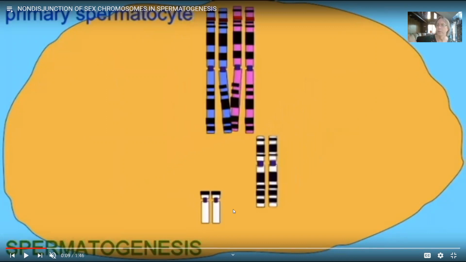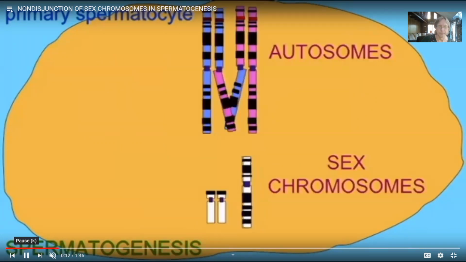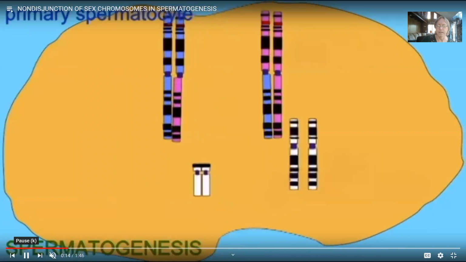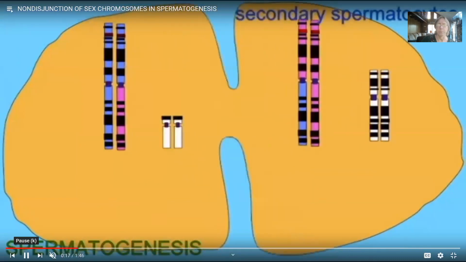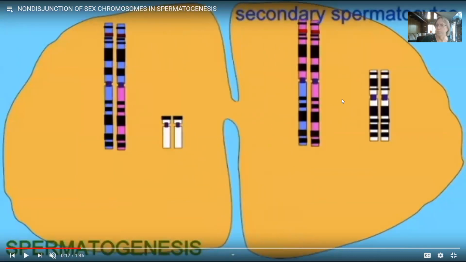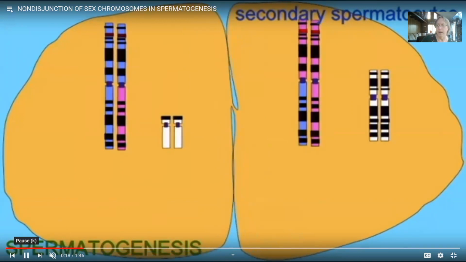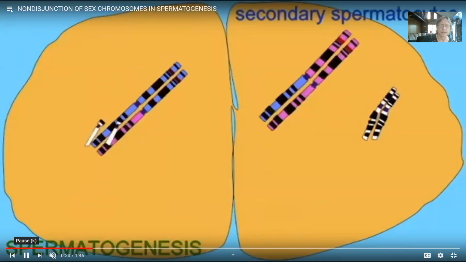So here, let's focus on the sex chromosomes, because once again, these are more common chromosomal abnormalities. And here you see a primary spermatocyte, which has just begun meiosis. What should happen after we go through metaphase 1, anaphase 1, and telophase 1 is that when the primary spermatocyte splits to form two secondary spermatocytes, the autosomes are evenly divided, being pulled to opposite poles of the cell, and that would apply to the sex chromosomes as well.